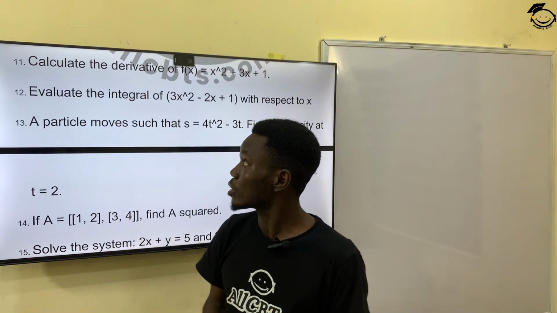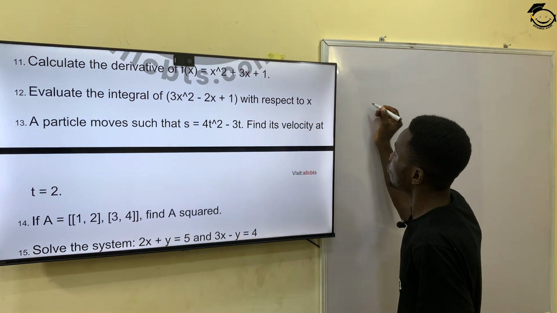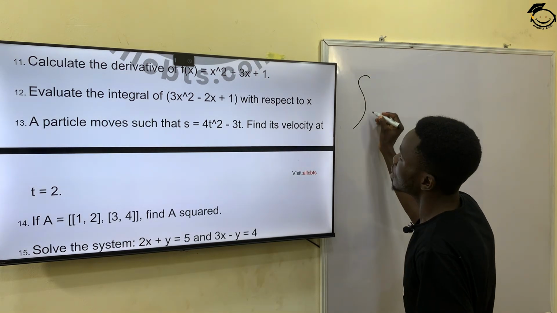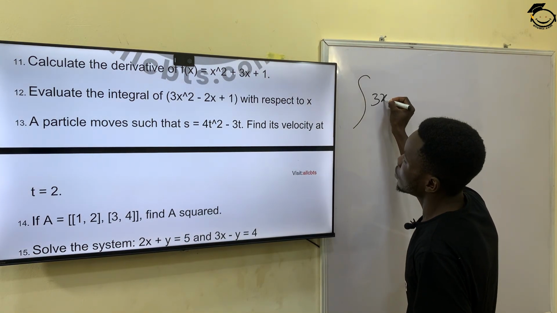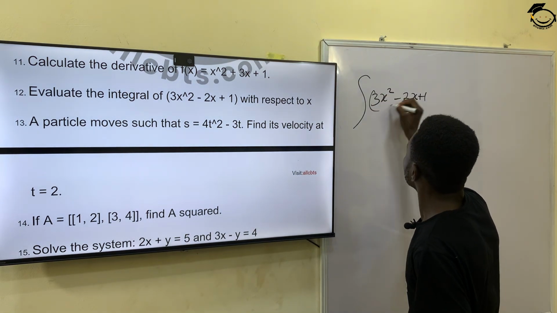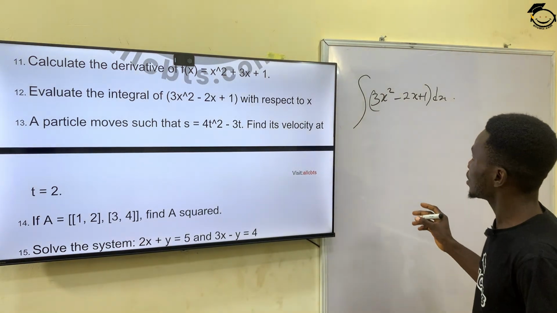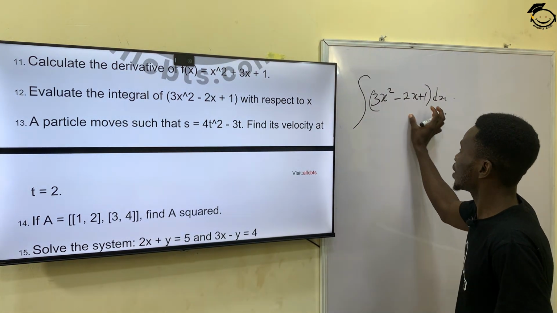So that takes us to question number 12, which says evaluate the integral of 3x squared minus 2x plus 1 dx. So if we are to integrate this, it means we are going to integrate each one of them separately.